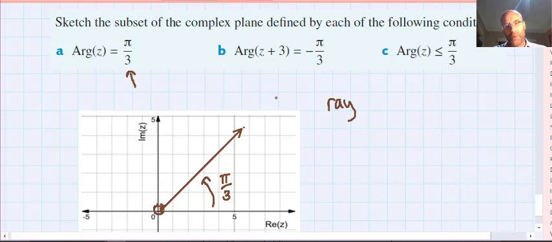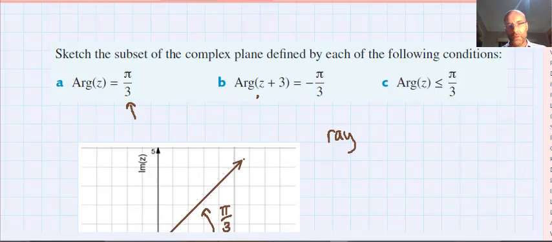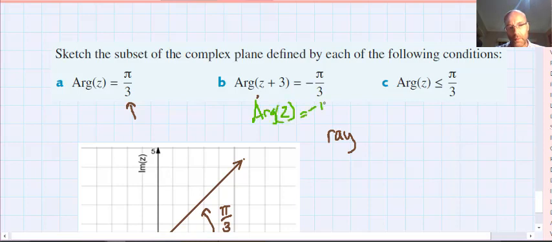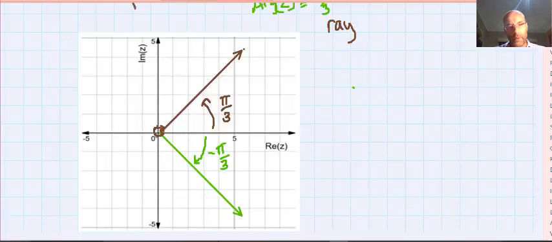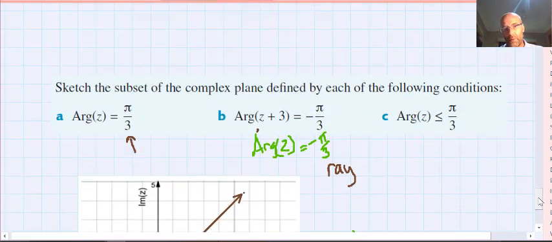That's what a ray is. The next one is a variation on the first one. It involves a translation. Note also that the angle is negative pi on 3. So let's draw arg z equals negative pi on 3 first. So we're going to start with that. And there's that ray there, and again that would have an open start there at the origin, and basically we have z plus 3.